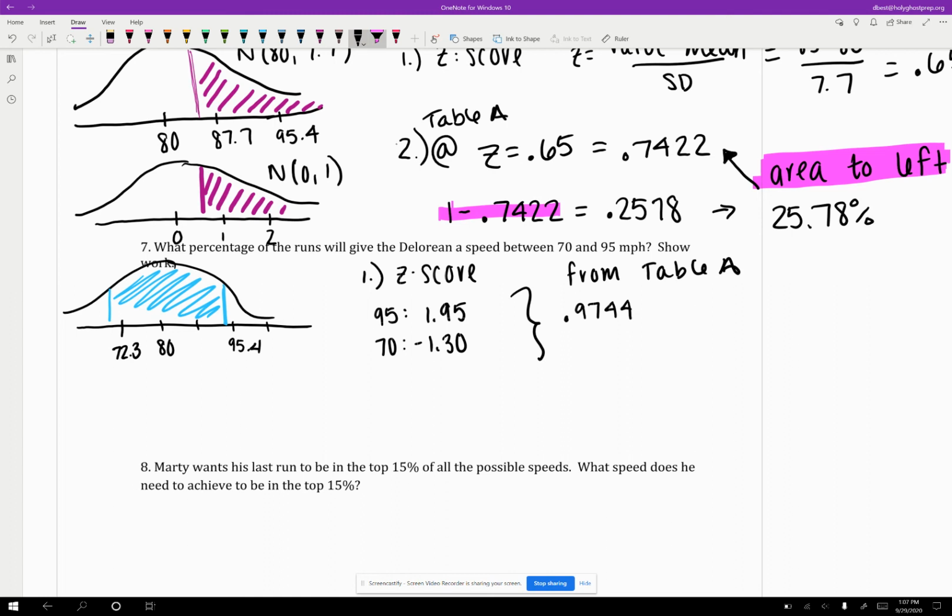Now what that means, and I'm going to highlight it here on my bell curve, everything to the left of the 95 miles per hour covers about 97% of the data.